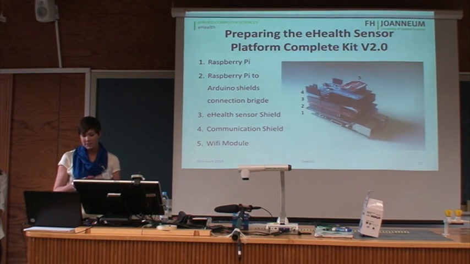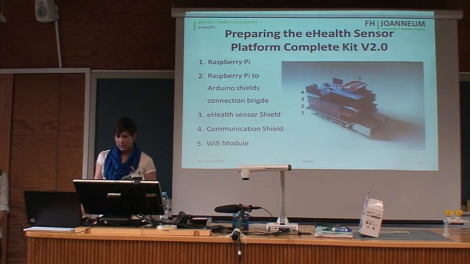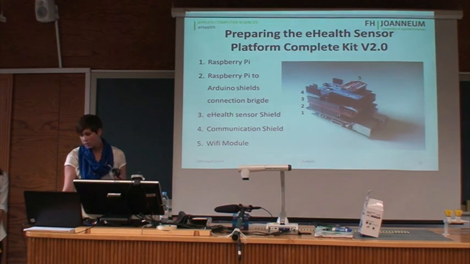Then the fourth one is just the connection shield for the Wi-Fi. And the fifth one is the Wi-Fi. It's a roofing network, and it integrates the 802.11b and g standard, TCP/IP stack, and the real-time clock.